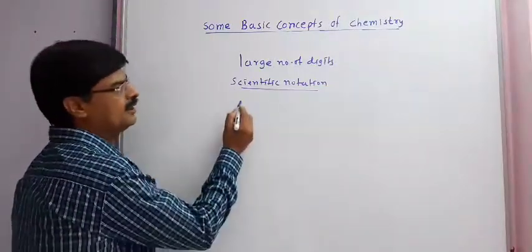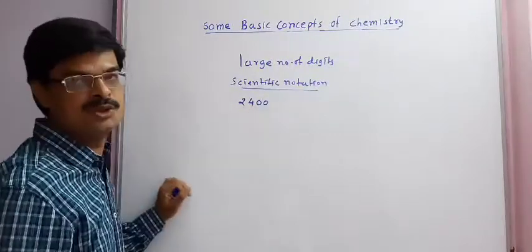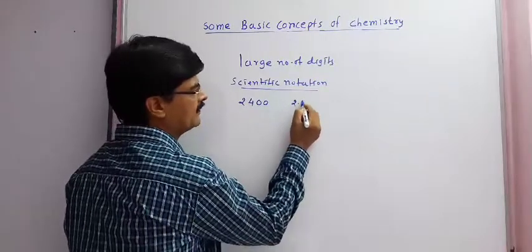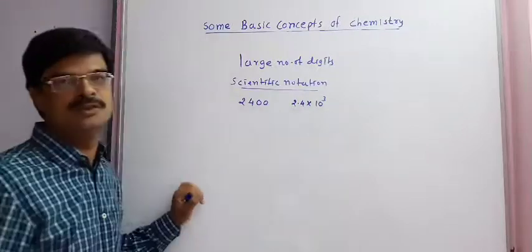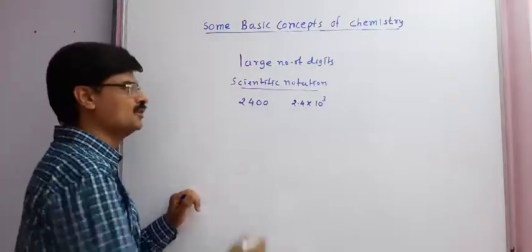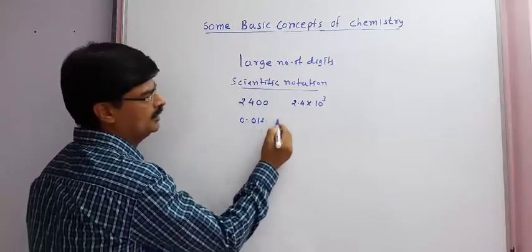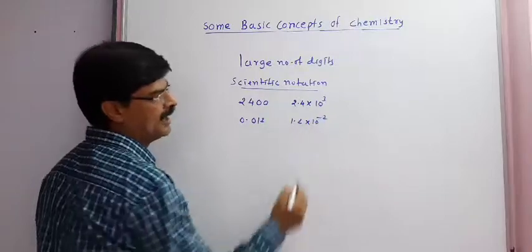What is scientific notation? If we take the example of 2400, then scientifically it can be denoted as 2.4 into 10 raised to 3. If we have 0.012, then we can write it as 1.2 into 10 raised to minus 2.